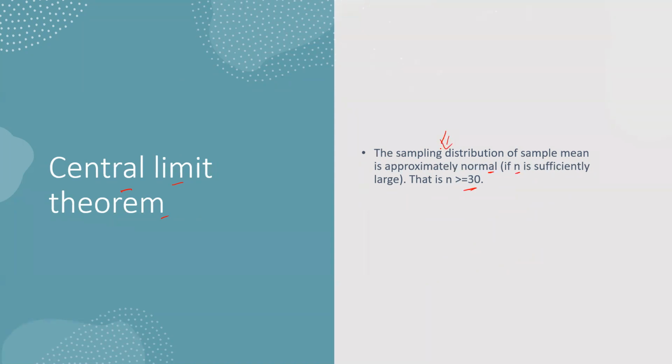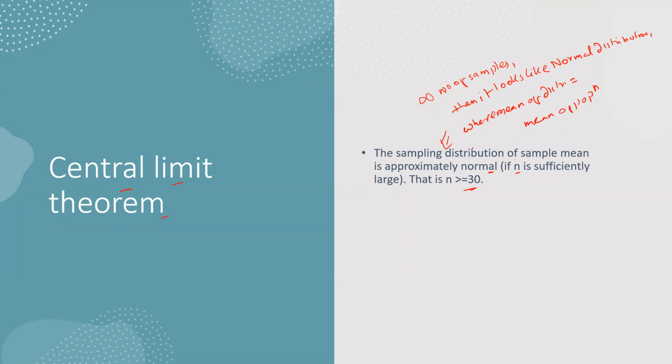So what is sampling distribution? If you have an infinite number of samples, then it looks like a normal distribution where the mean of the distribution equals the mean of the population.